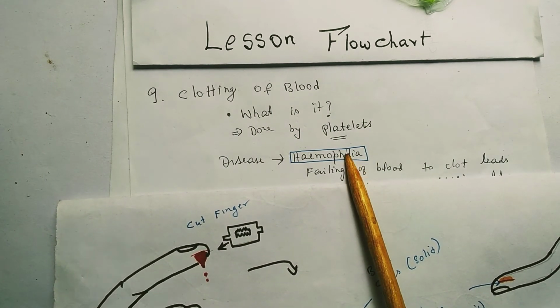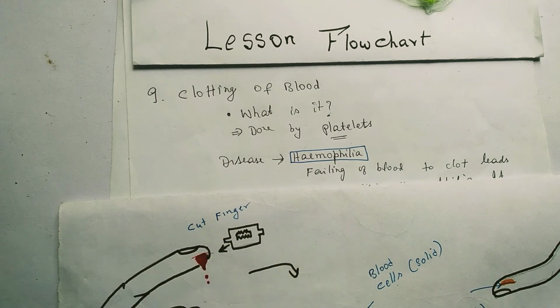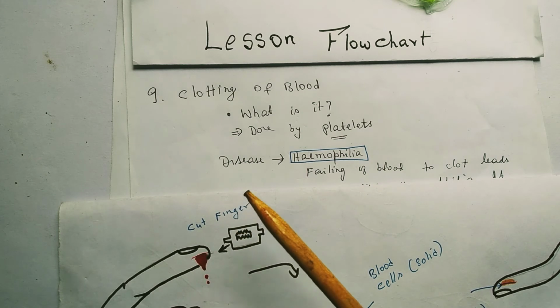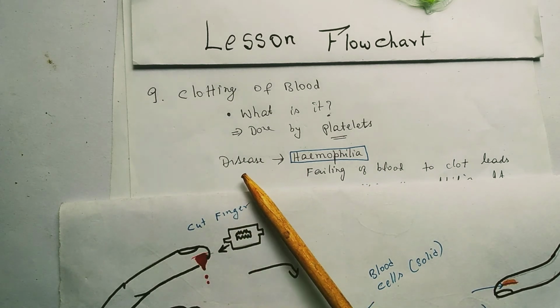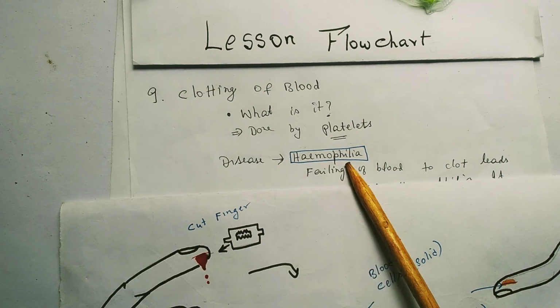So sometimes some people's body does not stop the flow of blood. When it flows, it will continue flowing. It requires emergency action by the doctors, and those people are said to have hemophilia. This is a disease.